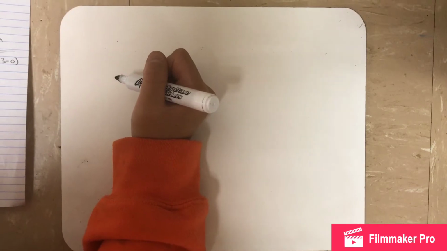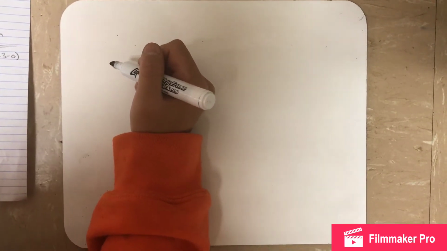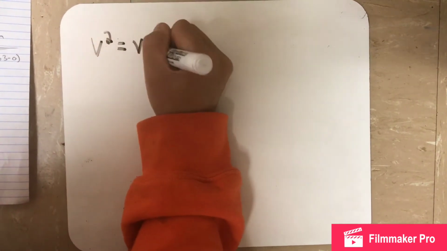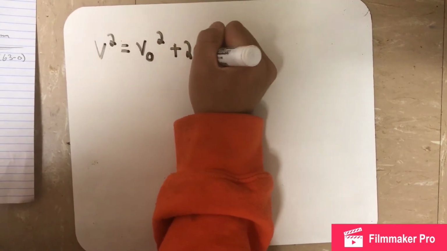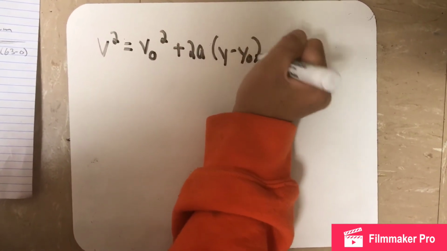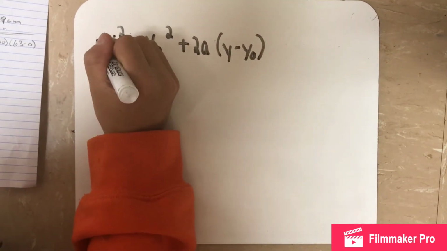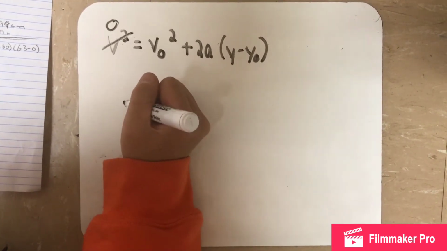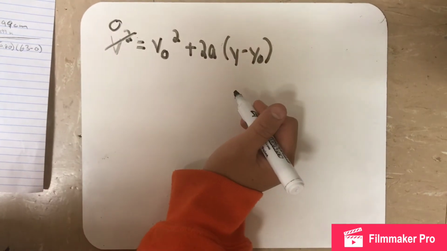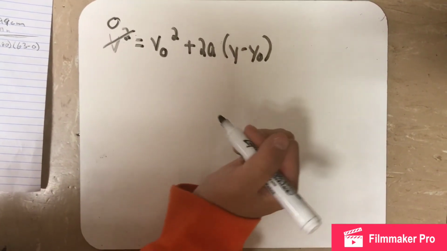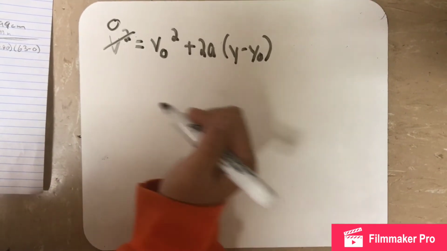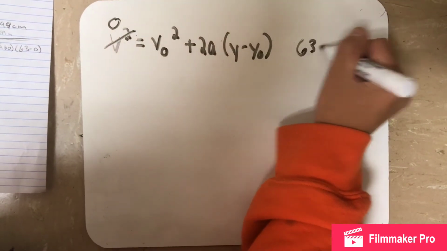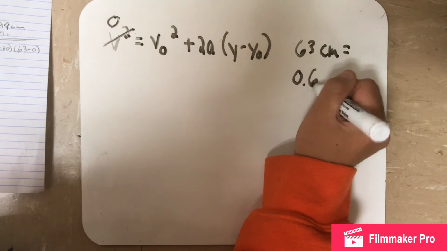m/s. So after the ball hits the tennis racket, it's going to bounce back up, and to find that velocity, we use the kinematics equation again. And the final velocity would be 0 because it stops later on. And then the height, as we measured from the point where it bounces back up, turned out to be 63 centimeters, which converts to 0.63 meters.